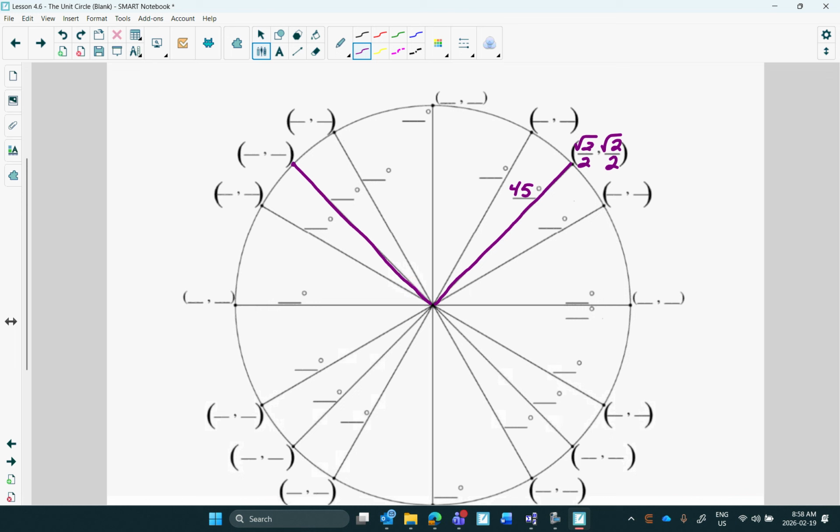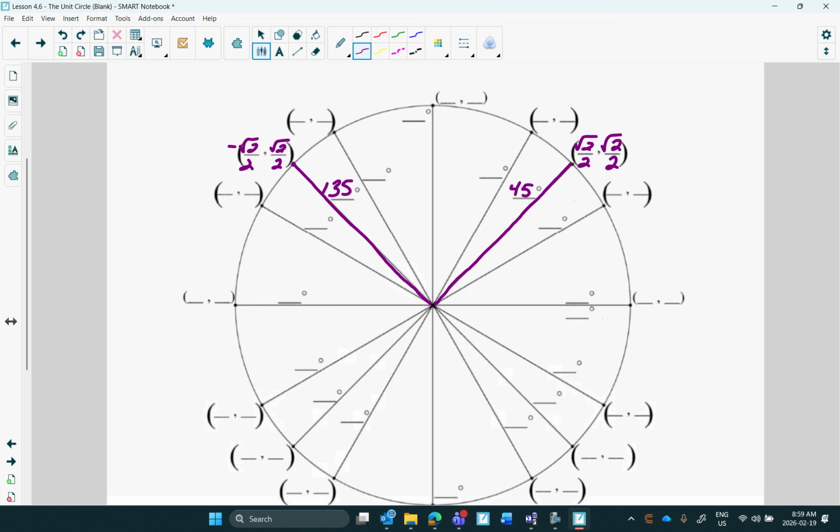Yeah, it'd be 180 minus 45, which is 135. Wouldn't it be the same coordinates, except what? The x is negative. The y is still positive. So the numbers aren't different, it's just the signs are different.